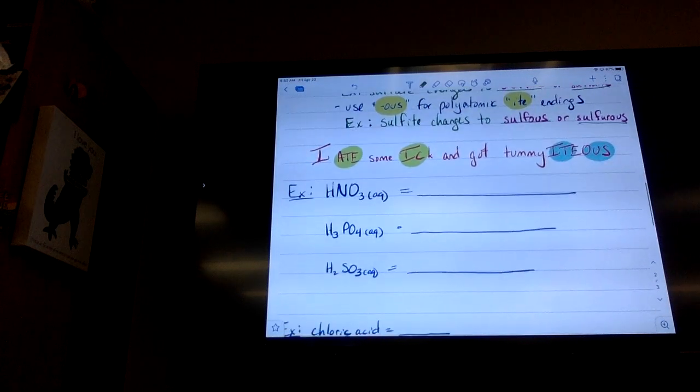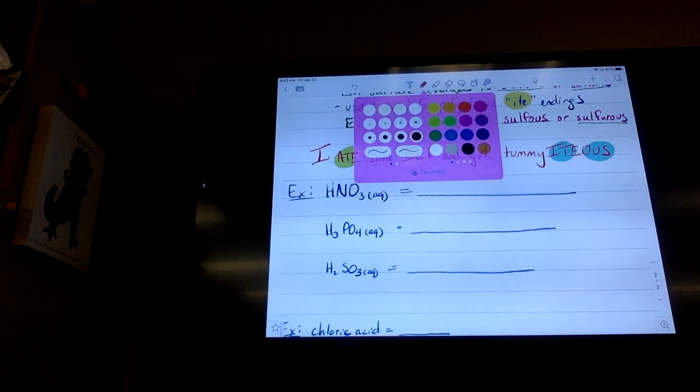All right. So let's do HNO3. Any NO3 is what? You're going to need your periodic table with the polyatomics on the back.